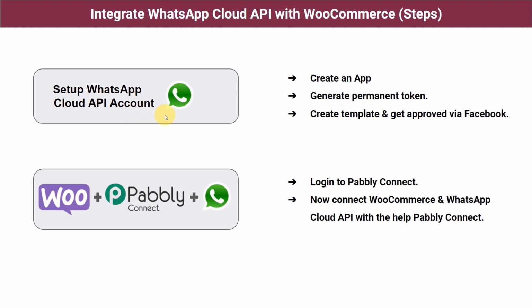Now I am assuming that you have already set up the WhatsApp Cloud API account, which was the first step of the flow. And we have just connected our WooCommerce store with Pabbly Connect. Now what we have to do is connect the Pabbly Connect account with WhatsApp Cloud API. So let's proceed.